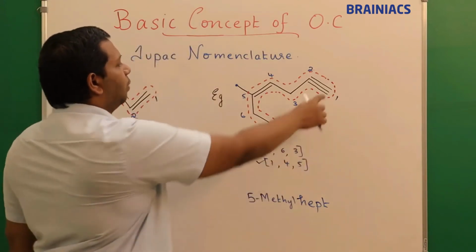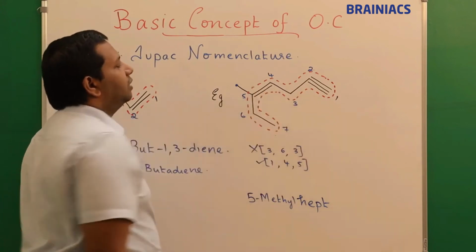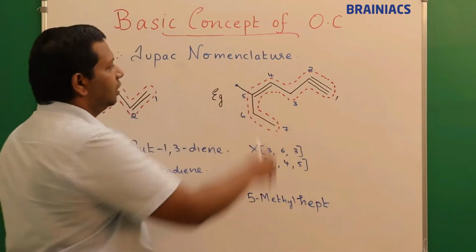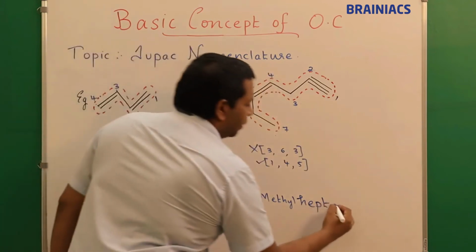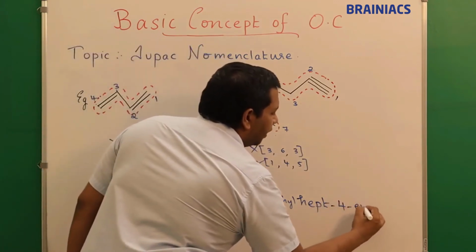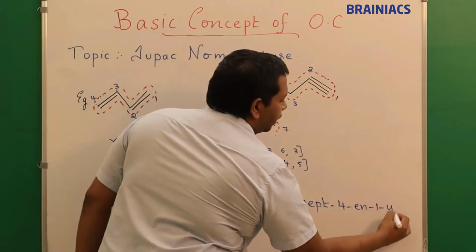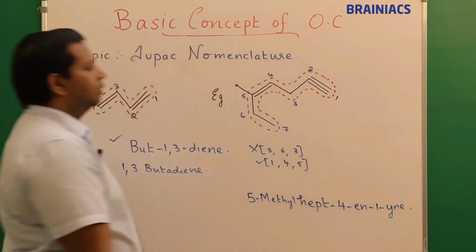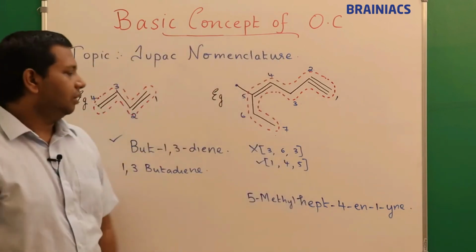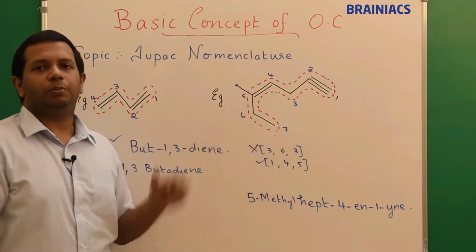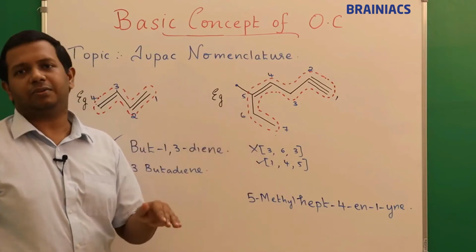You can see a double bond and a triple bond are present in the parent carbon chain. We know ene and yne, alphabetically ene should come first. So hept-4-en-1-yne. Correct? So I got the answer. So this is how you identify the IUPAC name. I hope you understood. If you have any doubt, get back to us.